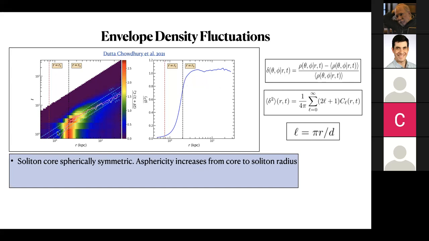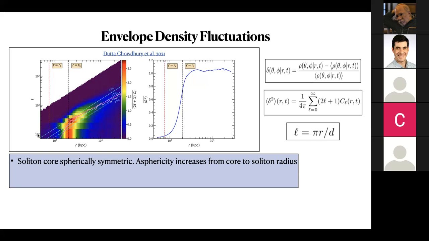First of all, what we notice is that there is very little power inside. There are these two vertical lines here. One is the core radius of the soliton, which is the radius where the density of the soliton drops to about half its maximum density. And this is the soliton radius, which is typically the radius where the soliton transitions to the halo.